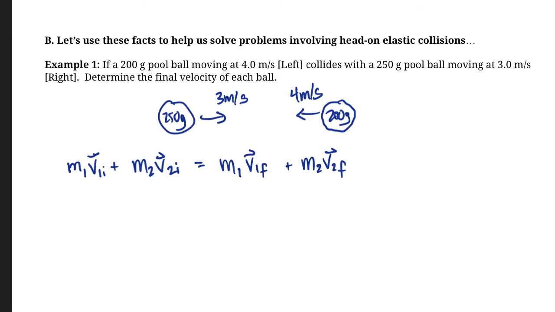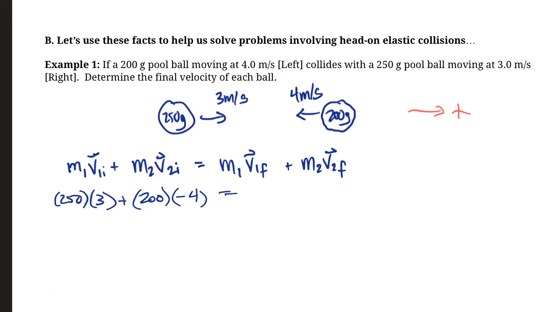So let's plug in what we know. I'm also going to define right as being the positive direction, because that makes sense. Let's plug everything that we know into the equation. So we know 250 grams times v1, which is 3 meters per second in the positive direction, plus m2, which is 200 grams times negative 4 meters per second, because it's to the left, in the opposite direction.